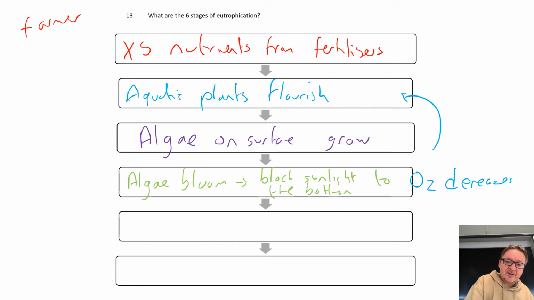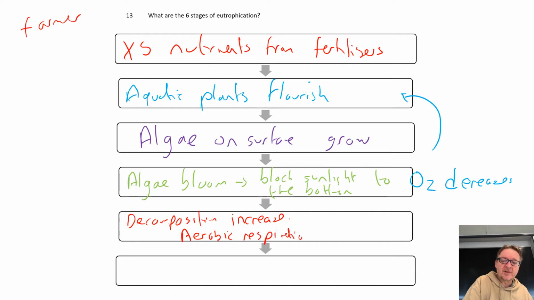So then what happens is decomposition increases, so things start to rot, right? And because the actual organisms that are doing the rotting are doing aerobic respiration, so all those bacteria and things like that that are doing the rotting and breaking things down, they do aerobic respiration, which means the oxygen levels decrease even more.